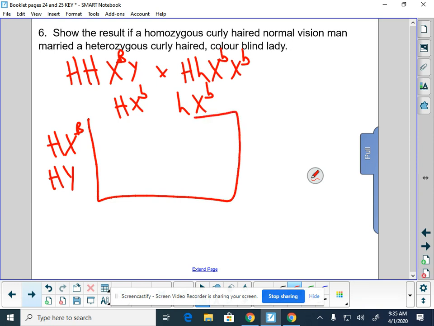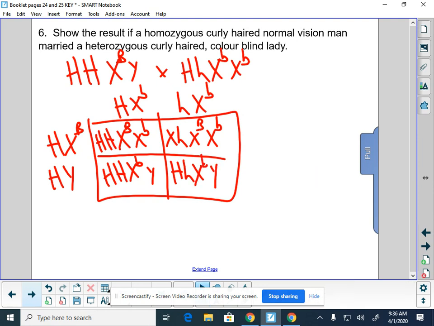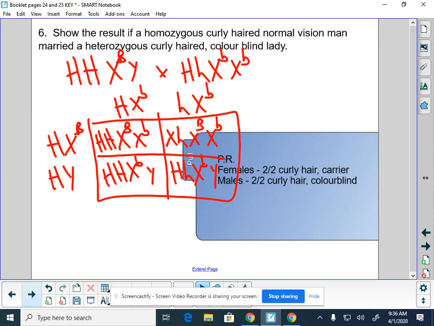So we know that if it's 2 gametes times 2 gametes, we're going to have a 4-box Punnett square. Fertilizing. And phenotypic ratio. You can read that.